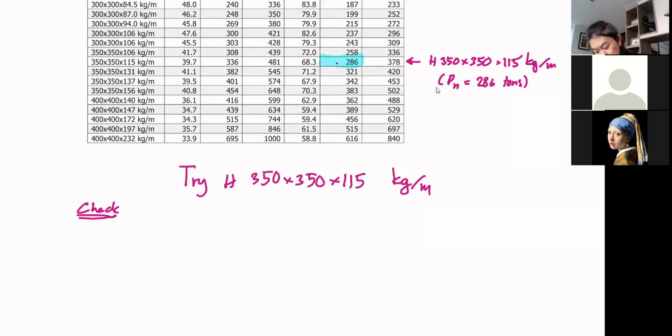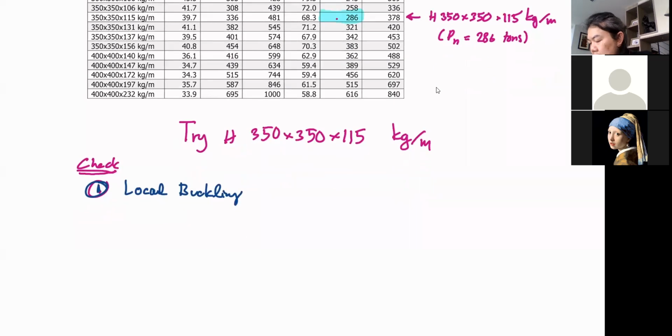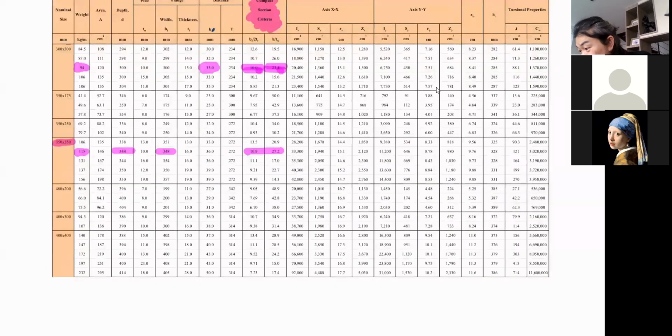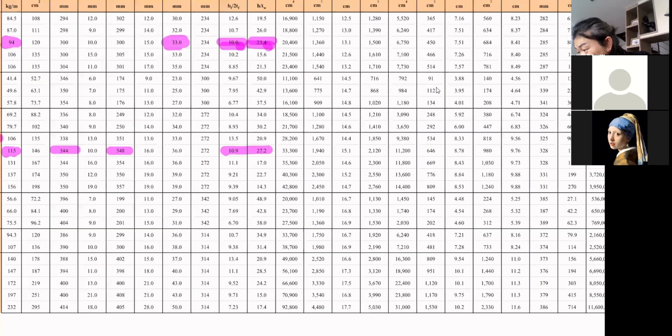Okay, so you can pick everything from the table. First, local buckling. Okay, the flange. If I pick the number from the table, it's going to be 10.9, right?